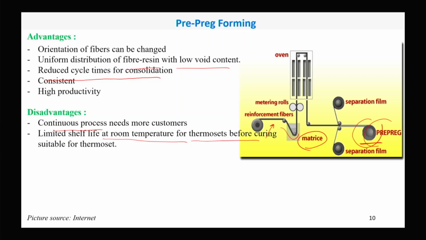If we don't want to cure, if we only want to store it, then as in a thermoset, if we keep it at room temperature, the thermoset matrix has limited shelf life. That means it may solidify at room temperature.